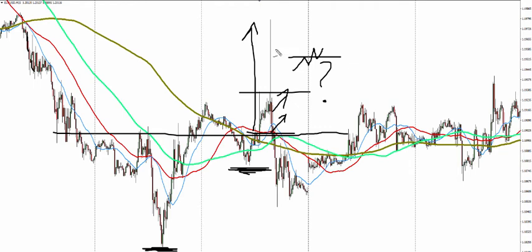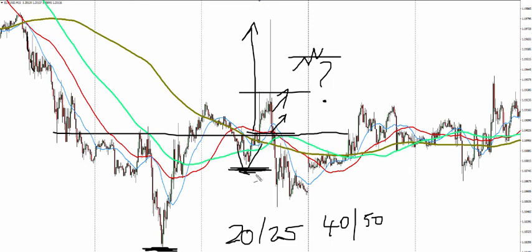I mean, it doesn't make much sense. So what people tend to do is they might have like a 20 pip stop or a 25 pip stop, something like that, or less, right? And they're trying to get 40, 50 pips on the day, something like that, within the confines of those daily ranges.